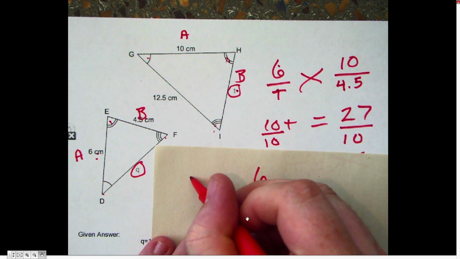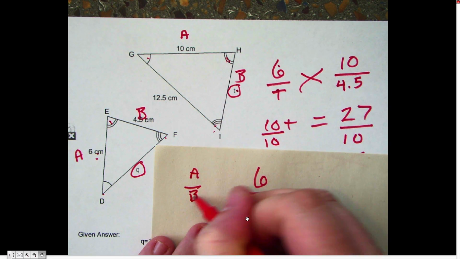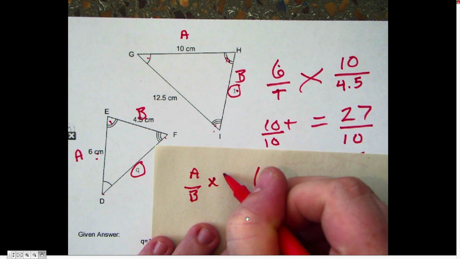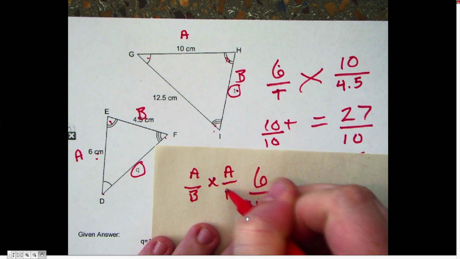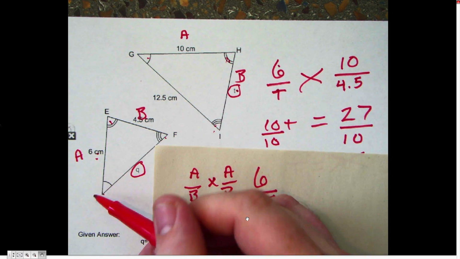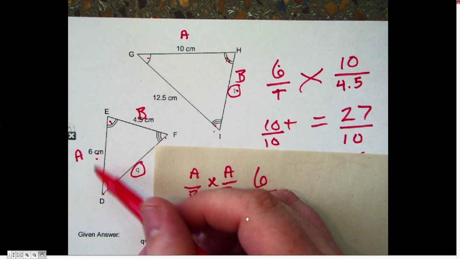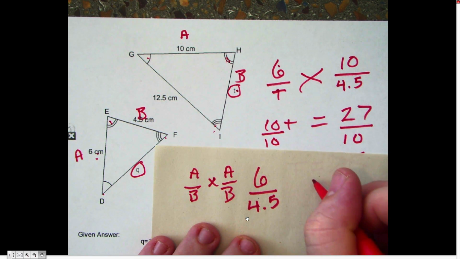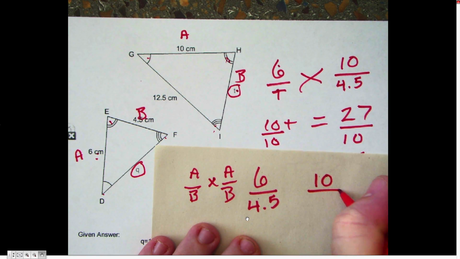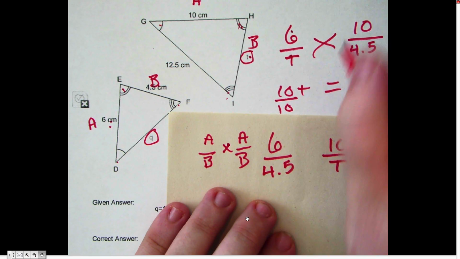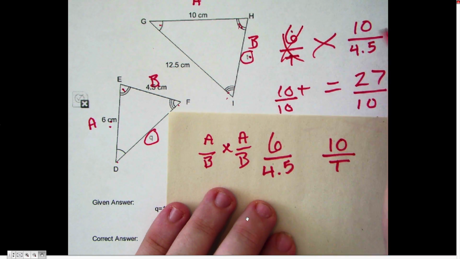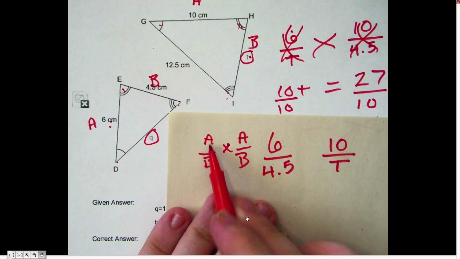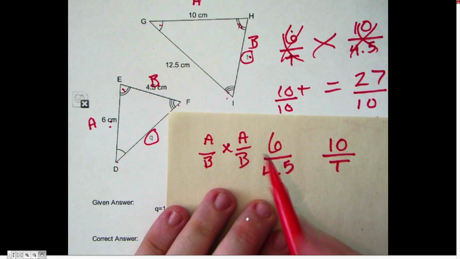Remember, side A over B. And then you cross multiply with side A over B. So which one is the same as side 6 or side A? Well, we determined that that one's the same. So we have 10 over T. Okay, so that was wrong, and that was wrong because they have to be from the same triangle.